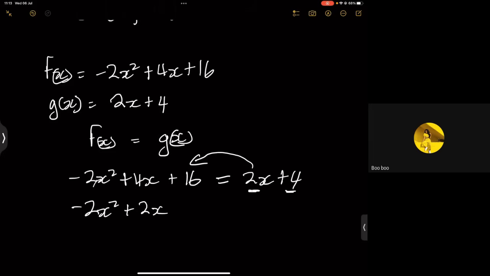And then 16 minus 4 would become 12, and this would be equal to 0. If we divide by negative 2, we'll be left with x squared minus x minus 6. Correct?